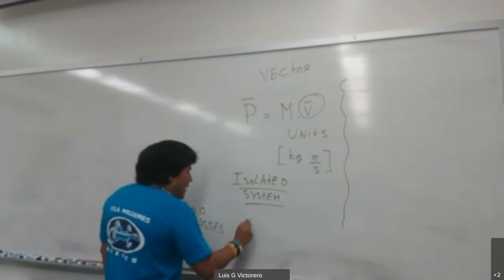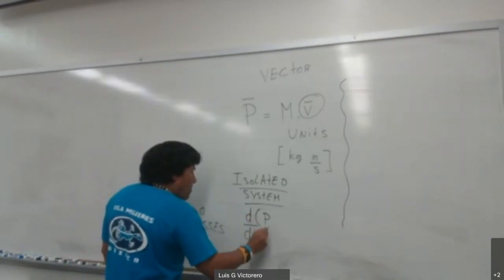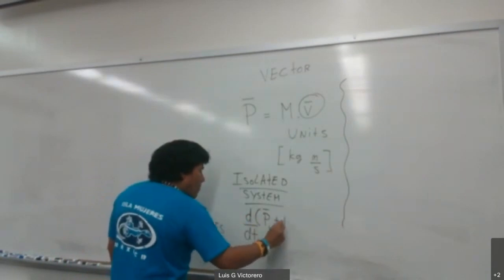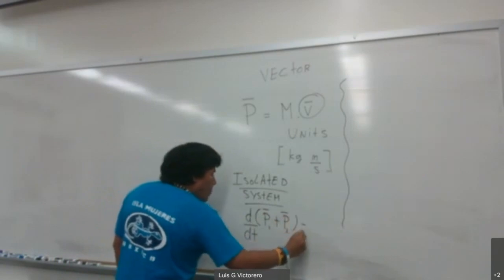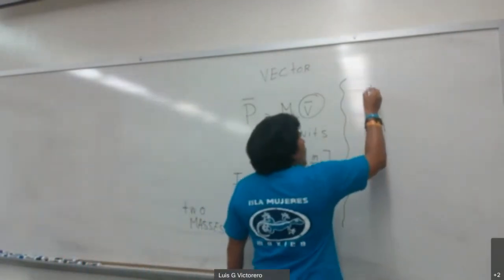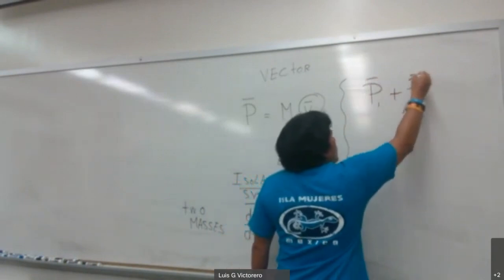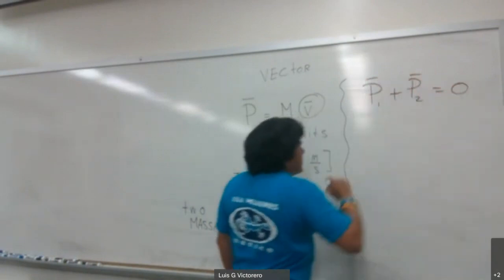What the equation that I had here before was telling you is that P1 plus P2 equals 0.